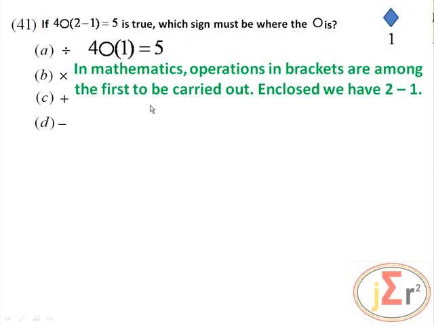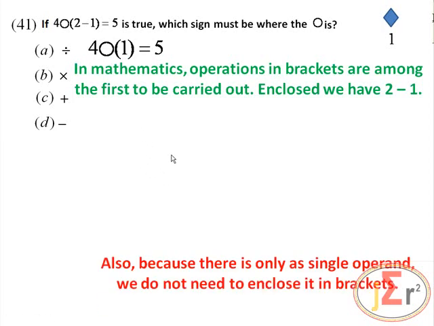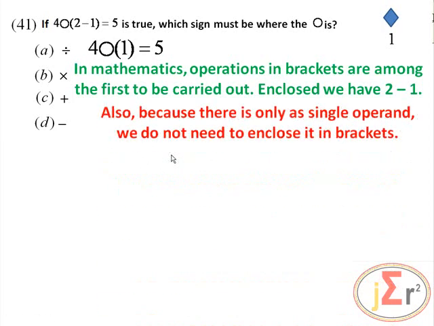Now, in mathematics, when we have just a single operand, it is not necessary to enclose it in brackets. So we may just have the 1 without the brackets because it will mean the same thing.